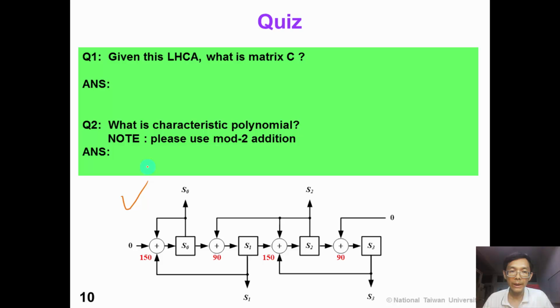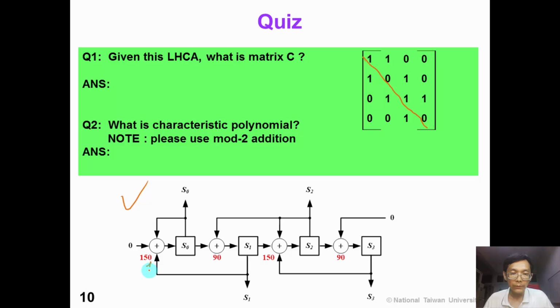Okay, now we are back to the video. Have you done the answer yet? For the first problem, we can see that on the diagonal line, we just fill in the feedback point. For 150 cell, it is 1.